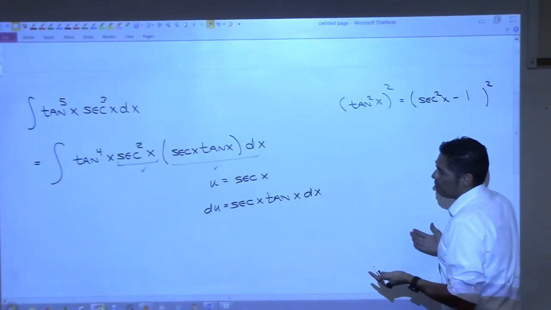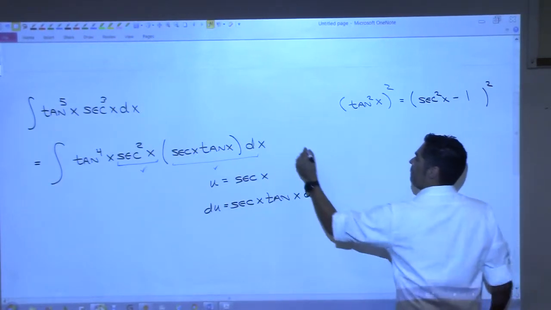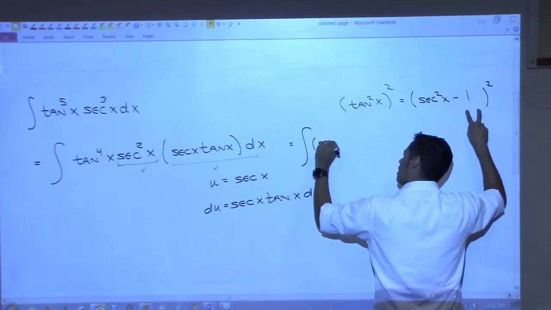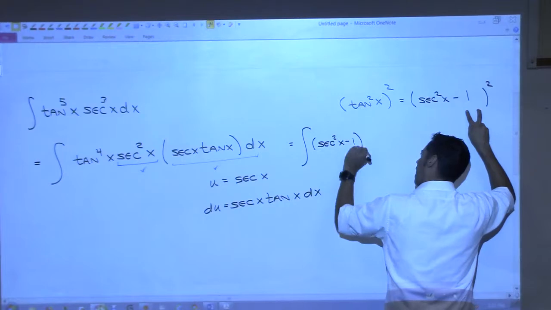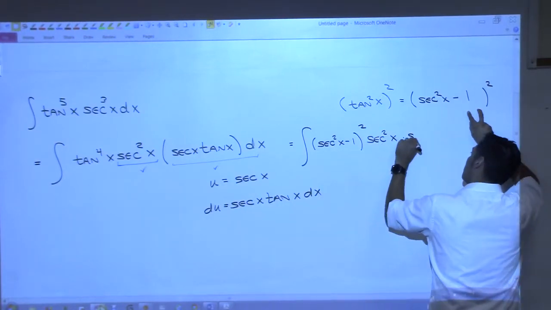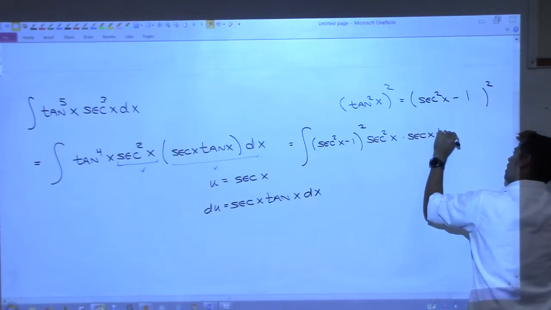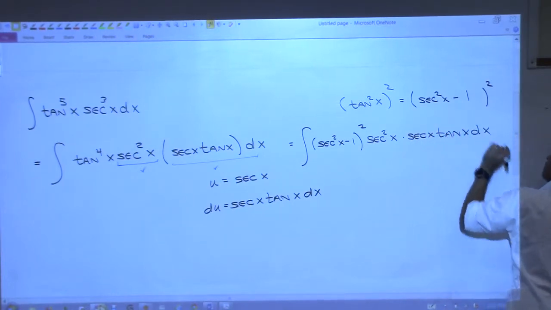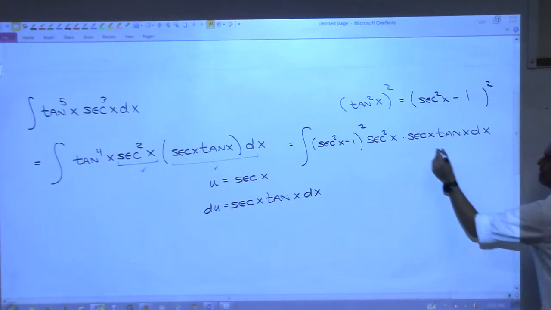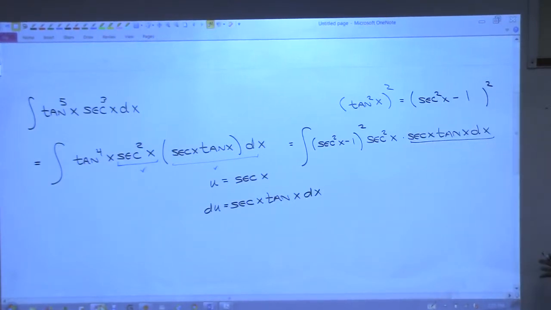So we can rewrite the problem now. This is integral, secant squared x minus 1, that quantity squared, times secant squared x times secant x tangent x dx. There we go. Keeping in mind that this is our du here. So we should be able to rewrite everything.